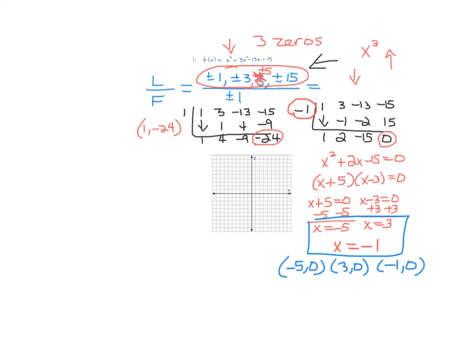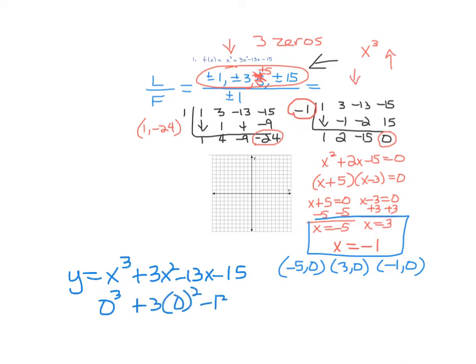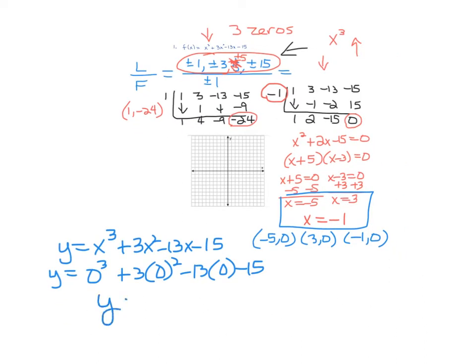My original problem was f of x equals, so I'll change that to y: x to the third plus 3x squared minus 13x minus 15. I'm going to replace all of my x's with 0. I will simplify this down. But again, remember, it's going to be that constant on the end. So my y-intercept, as a coordinate, is the ordered pair 0, negative 15.